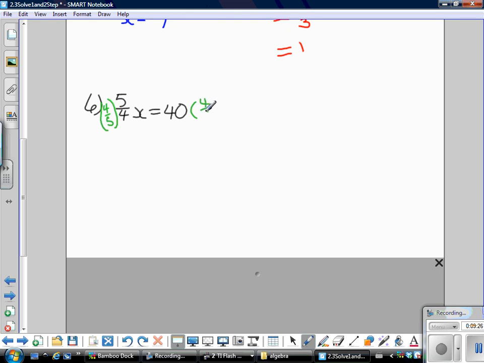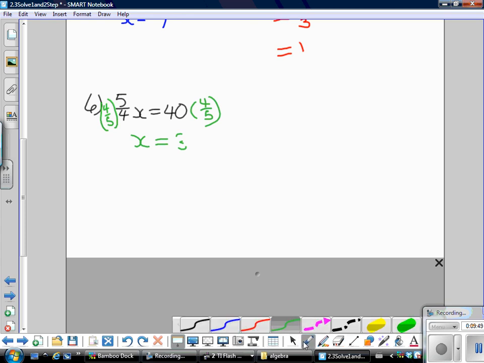And when I do that, the 4/5 and the 5/4 cancel out, and I'm left with 1x equals 32.